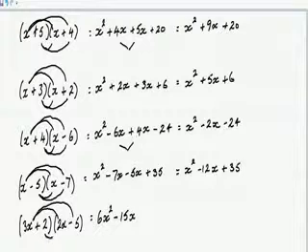Now 2 times 2x, they're both pluses, so that's plus 4x. And then plus 2 times minus 5. A plus and a minus is a minus, and 2 5s are 10.